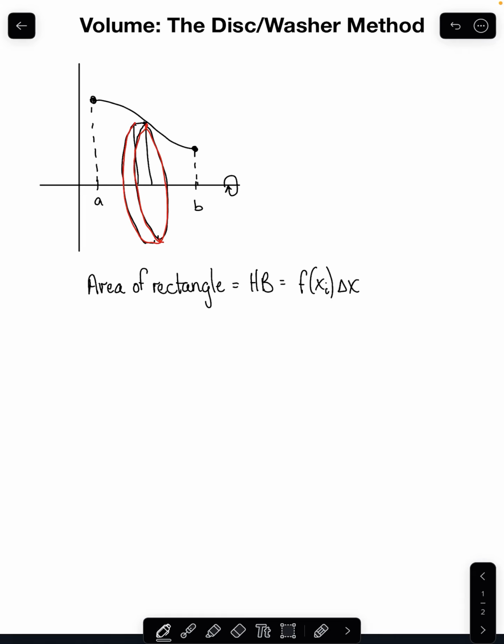Upon rotation, then, the volume of the associated disk would come from pi r squared h.